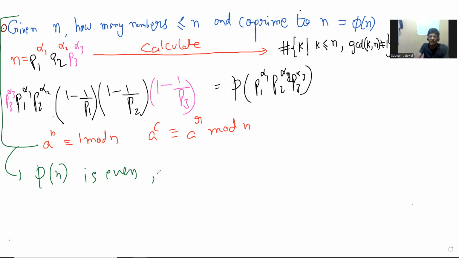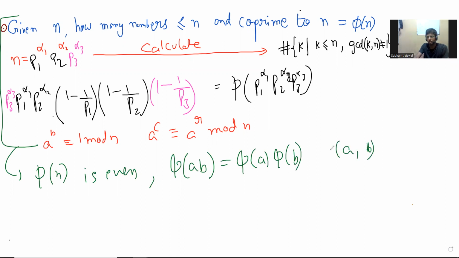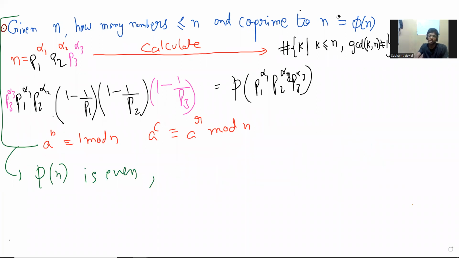And what it also suggests, you can see that in the formula also, is that whenever A and B are coprime, or maybe let me just at least say this, we are getting something like this.